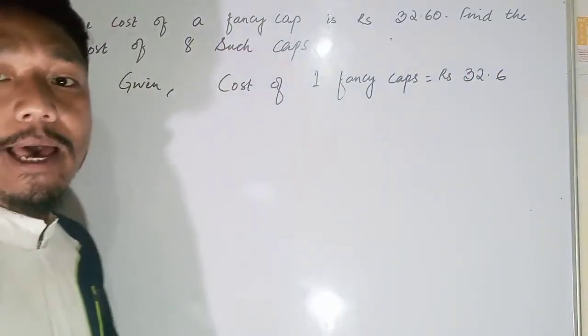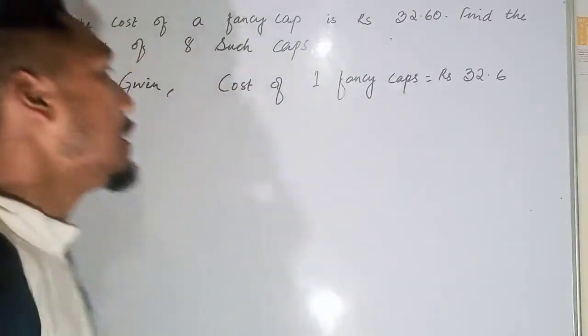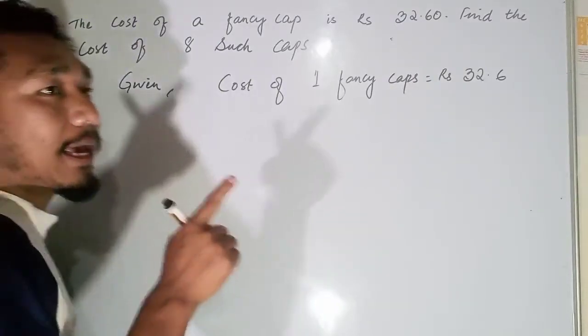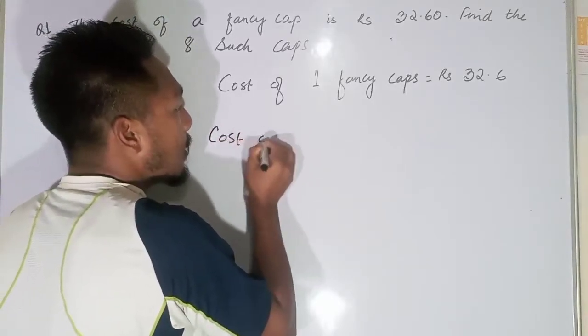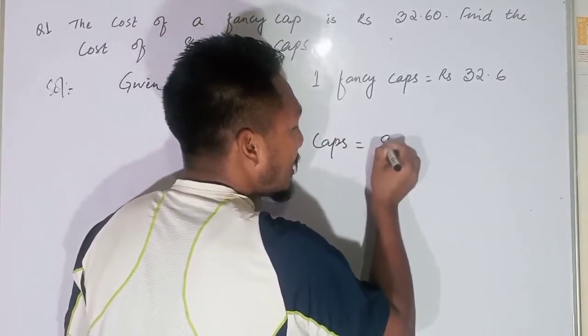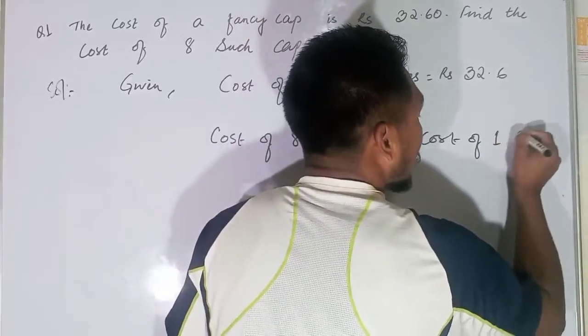A means singular, that means only one fancy cap. Now I have to find the cost of 8 such caps. So the cost of 8 caps will be 8 into the cost of 1 cap.